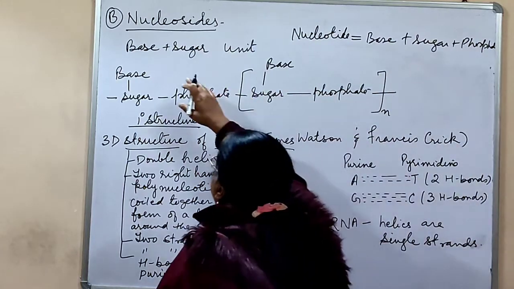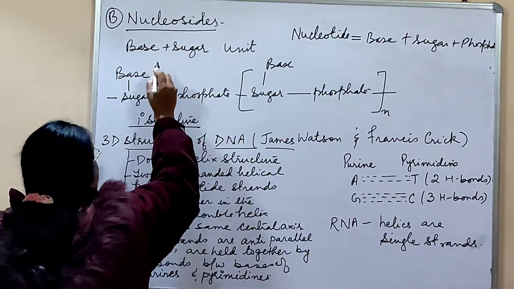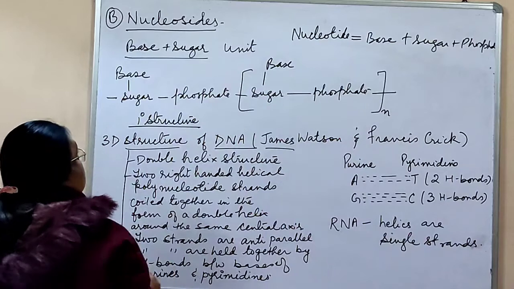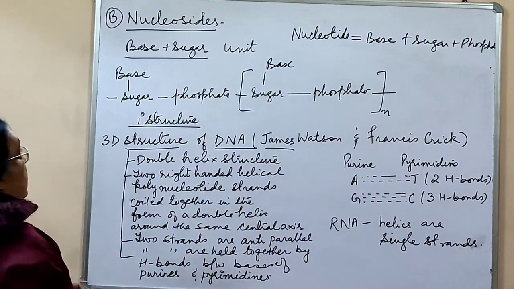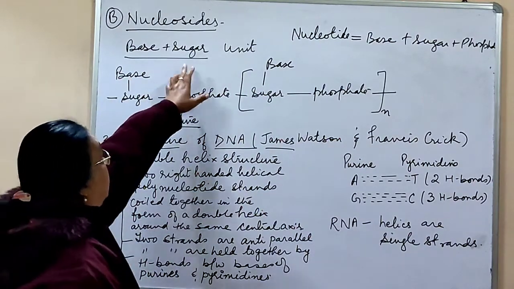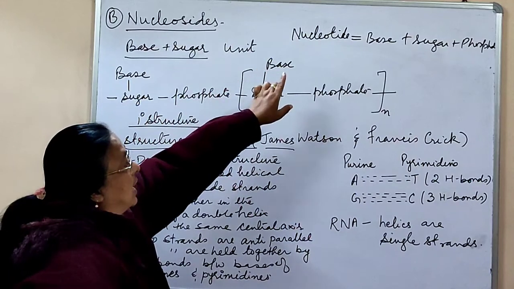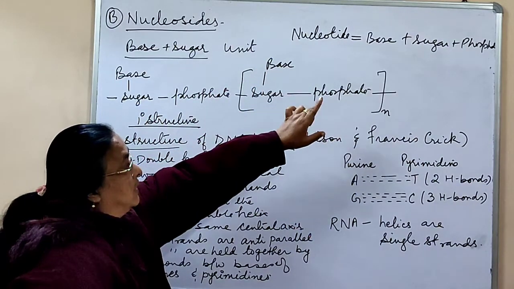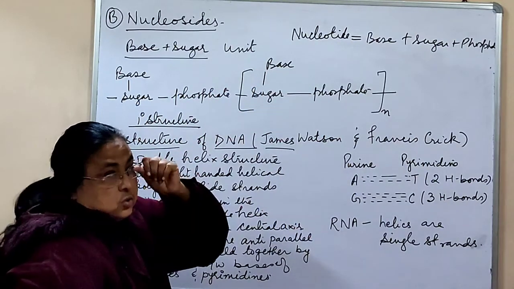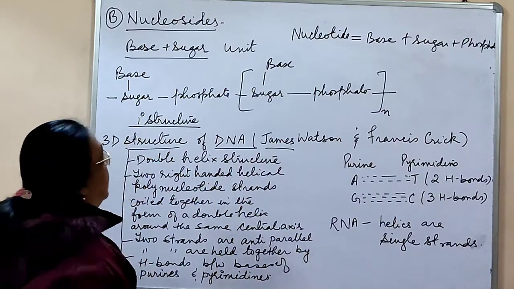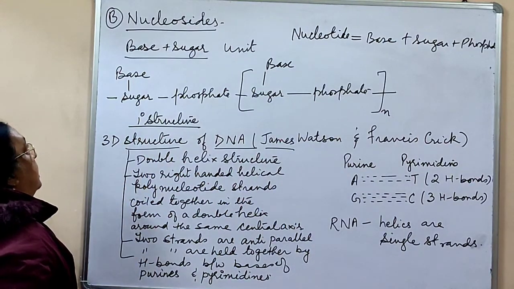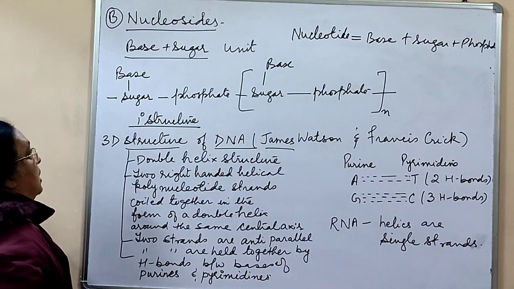And nucleoside has only the base and sugar part. So nucleosides are called base-sugar units. Nucleotides are called base plus sugar plus phosphate units. So nucleic acids have two units, one is nucleotide and the other is nucleoside.